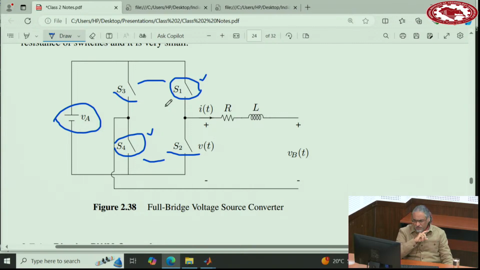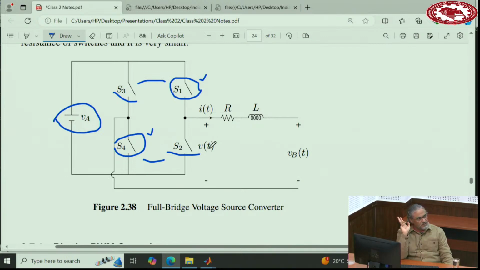How can we benefit? When we are sending the current from, let's say, this left side to right side, we only need positive voltage. We don't need negative voltage, positive and 0. So let's switch between positive and 0, positive 0, positive 0, and it's unipolar. It doesn't become negative.